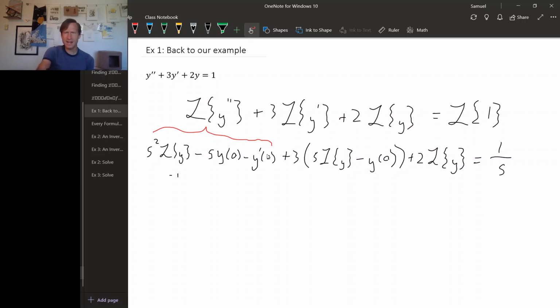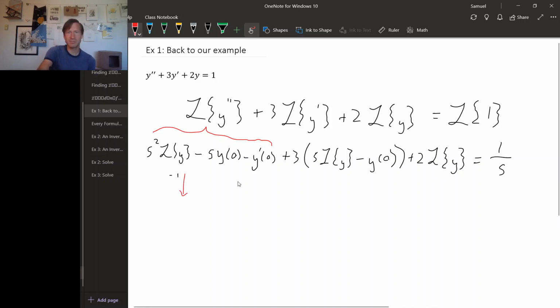Okay, now looking at everything that shows up here, there's only one Laplace transform in this whole thing, and it's the Laplace transform of y. So what we can do is gather all of the Laplace transform of y terms on the left-hand side.